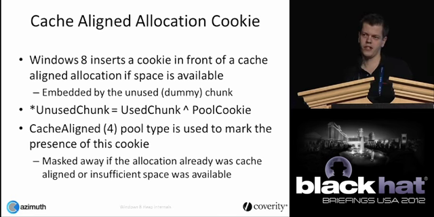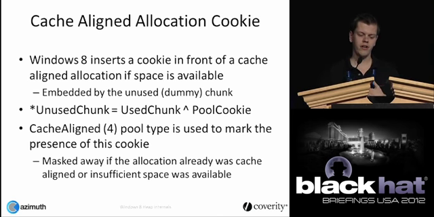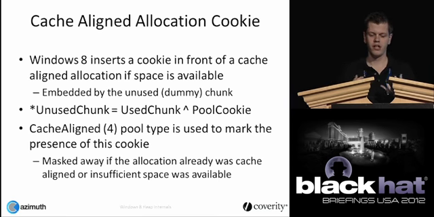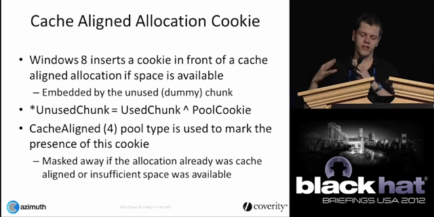Since you have this unused memory, Windows 8 tries to insert a cookie whenever there's space available. Like if the allocator didn't serve you a cache-aligned allocation but had to scan forwards until it found the cache-aligned boundary, and having scanned forwards, it leaves space for this cookie. It tries to insert a cookie in this previous chunk. This cookie is computed by XORing the address of the used chunk with the pool cookie.